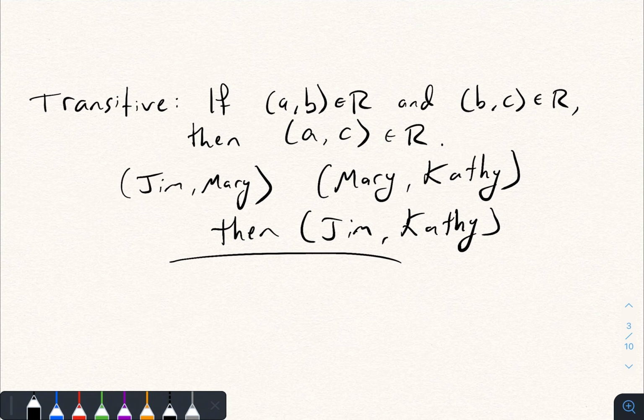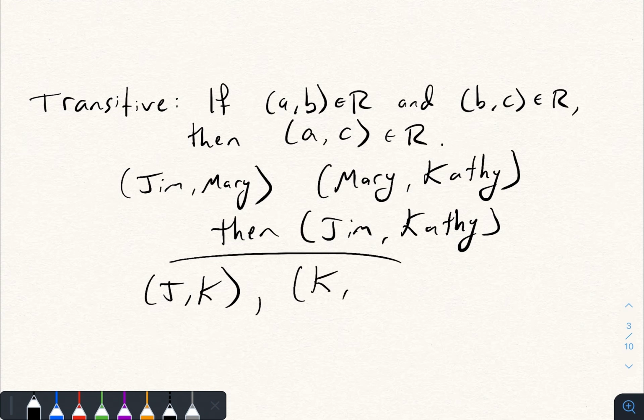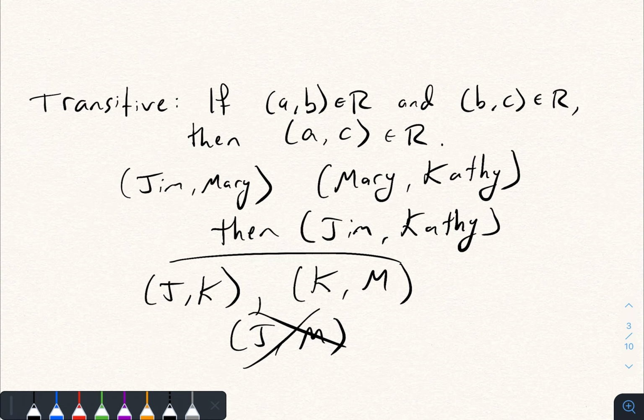Whereas if I do the person A likes person B relation, maybe John likes Kathy, and let's say Kathy loves her friend Mary, but maybe John just can't stand Mary. So John doesn't like Mary, so that would not be in our relation. So this would also not be a transitive relation.